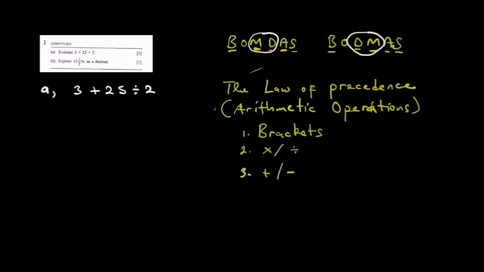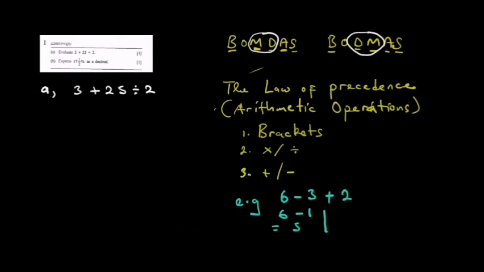Let us give an example. This is our example. Maybe we say 6 minus 3 plus 2. We need to start off by adding. So it becomes 6 minus 5, that is 1, so our answer becomes 1.